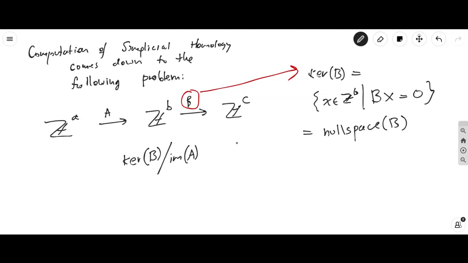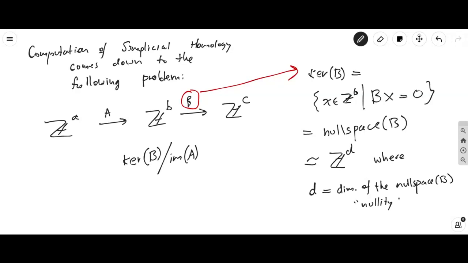And the null space is going to be isomorphic to Z^d, where d is the dimension of the null space. This is what you call the nullity of B.